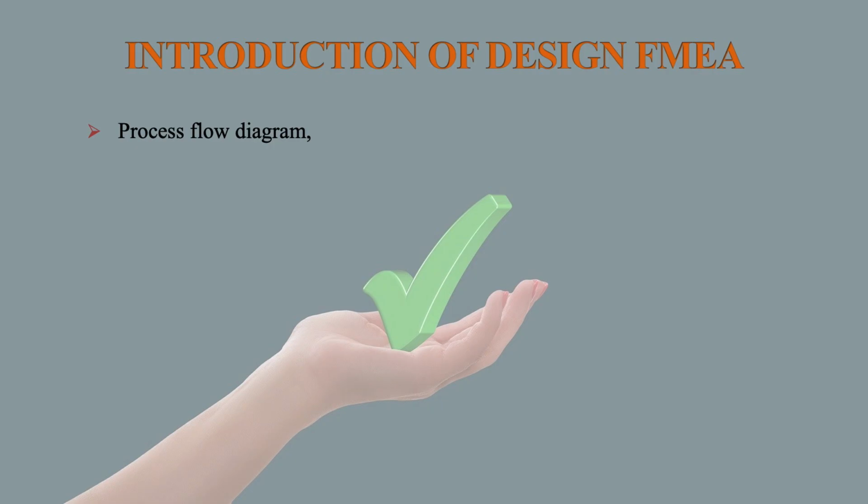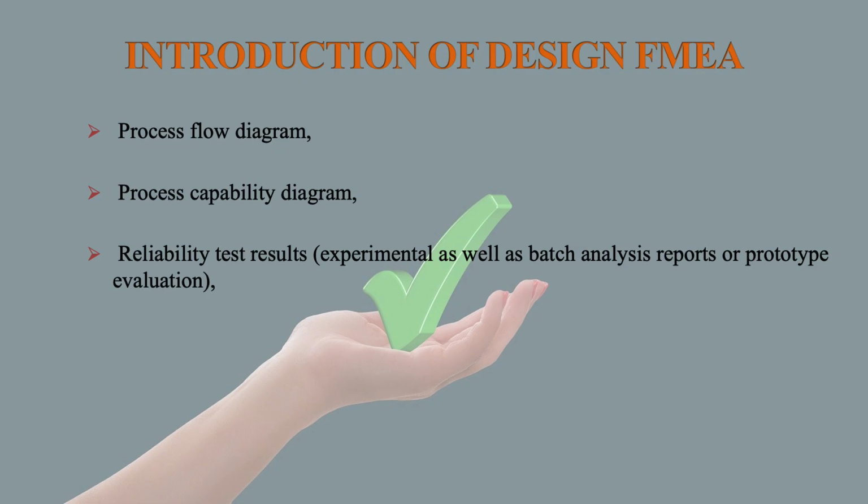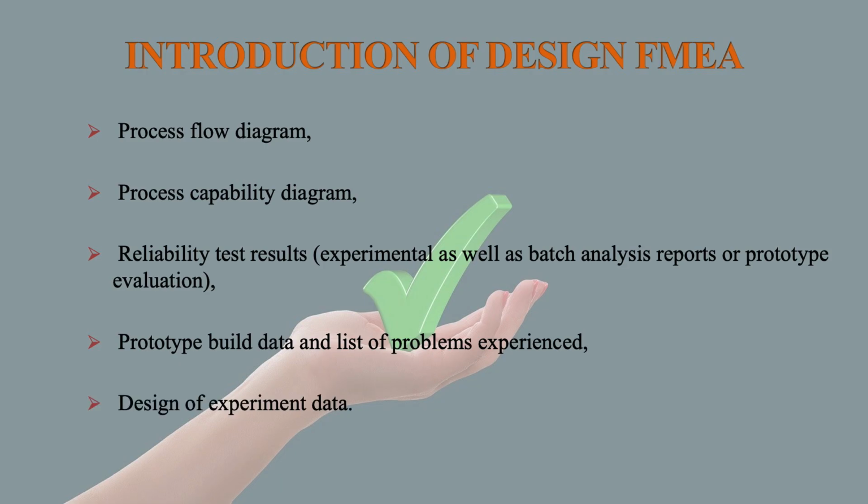for this new design FMEA team. Process flow diagram, process capability diagram, reliability test results, experimental as well as batch analysis reports or prototype evaluation, prototype build data and list of problems experienced, design of experimental data.